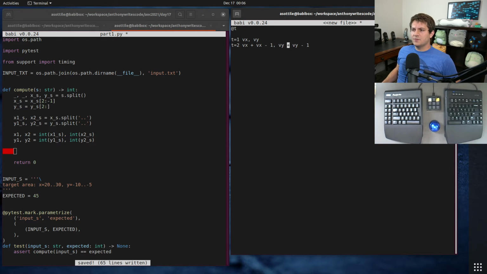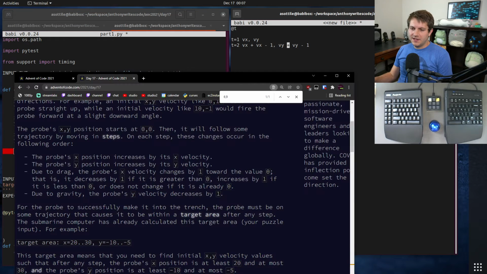That's not necessarily true, because we could... This is such a hard problem. This is such a tricky problem. How do we even know... Because the velocity in the x direction actually changes towards 0.